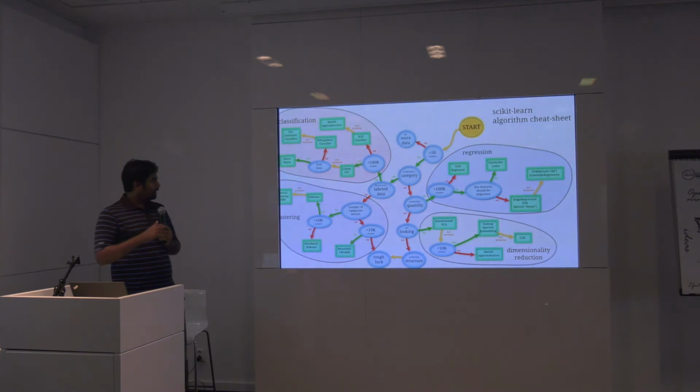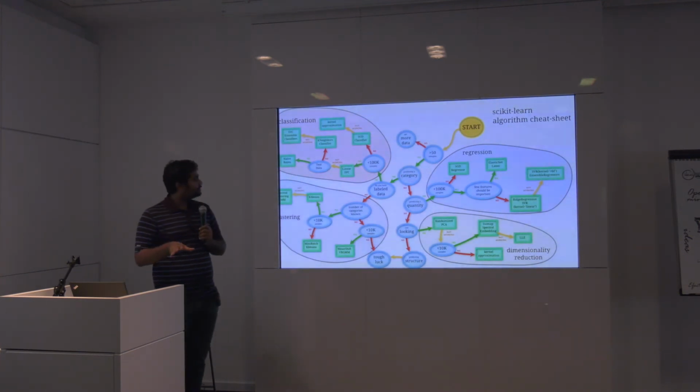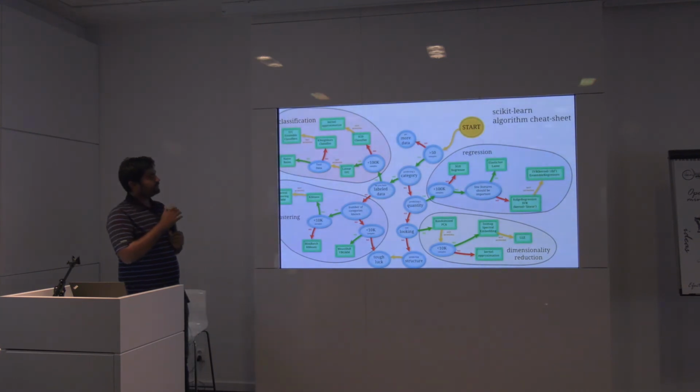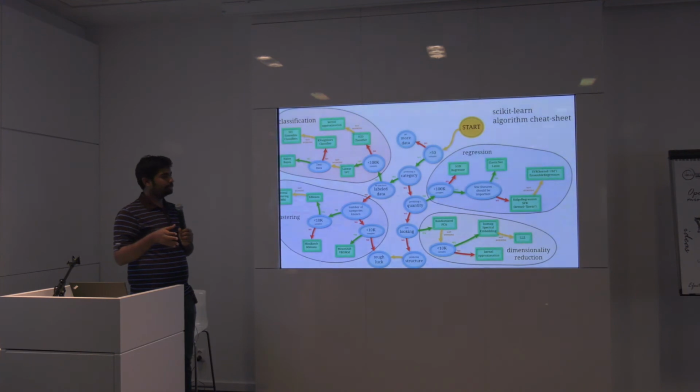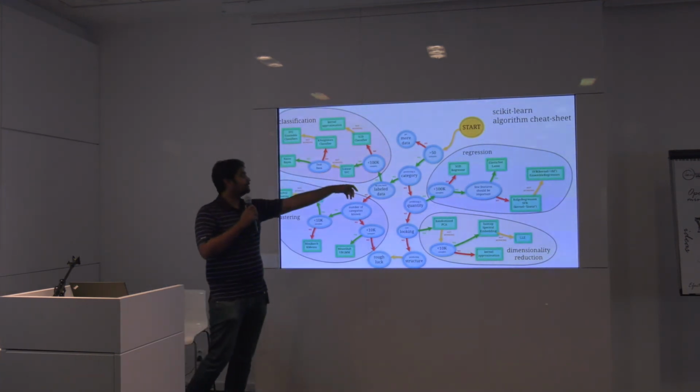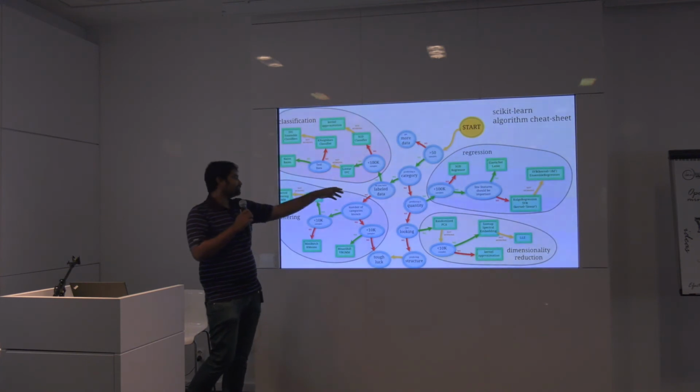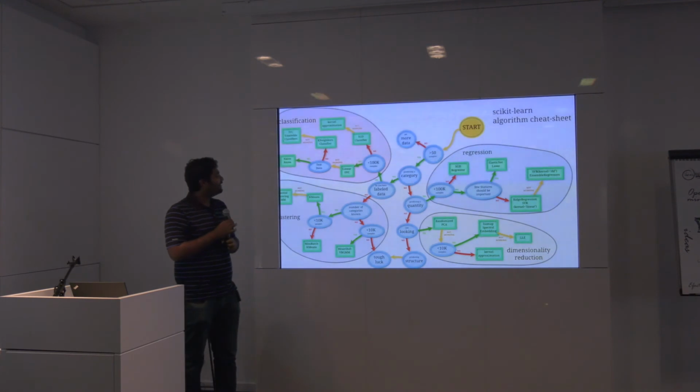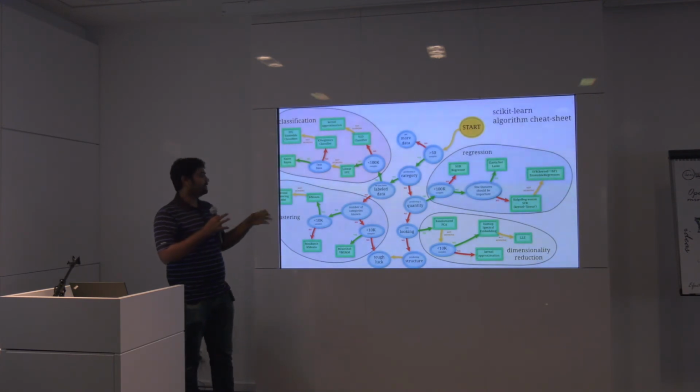So I'll share the slides so you don't have to worry about it. This is basically a cheat sheet for if you're using scikit-learn for your machine learning models, which one to use. You start from the start, obviously, and if you have less than 50 samples, you need to get more data. If you have more than 50 samples, then the question is whether you are in classification or regression.